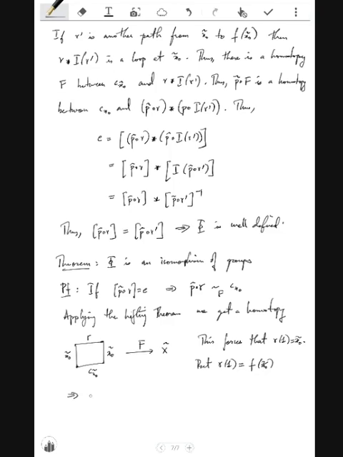So this implies f of x naught tilde is equal to x naught tilde. So this implies, by uniqueness of lift, that f is equal to identity. So this implies phi is injective.